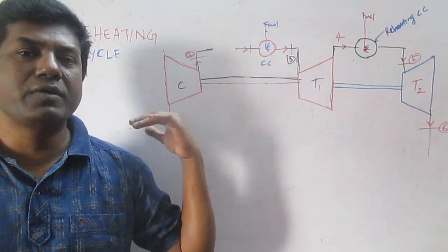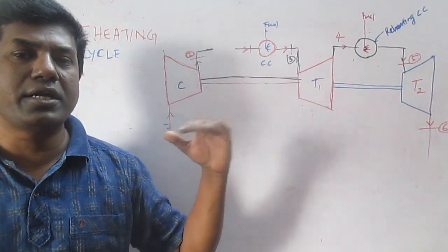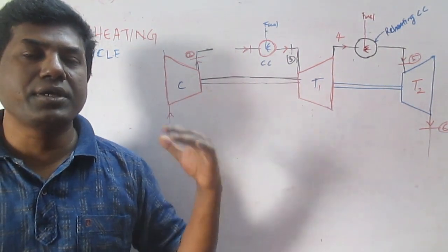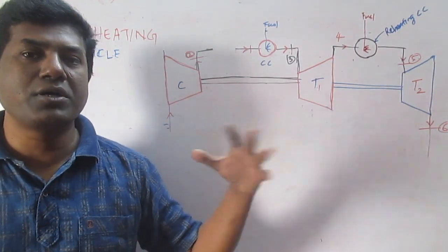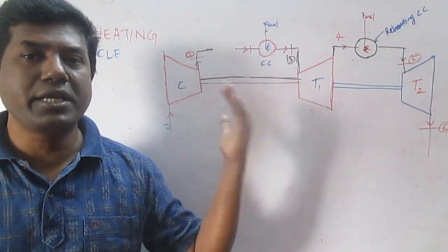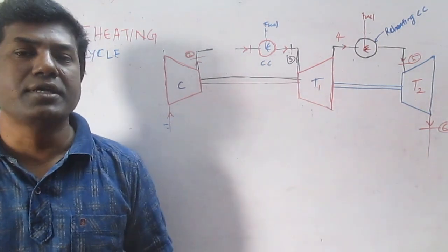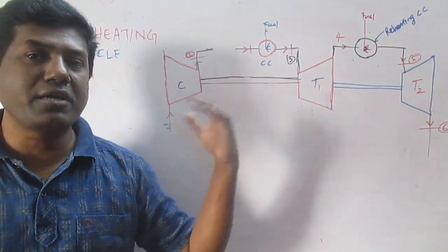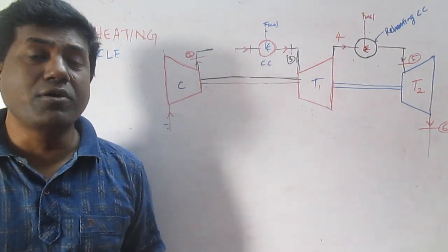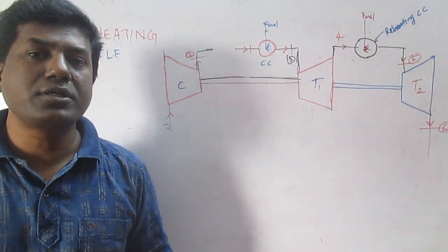By doing so, we are increasing the temperature. The hot gases which come out of the combustion chamber are again sent to another turbine, and the turbine again produces work. That is how the work is split into two stages.